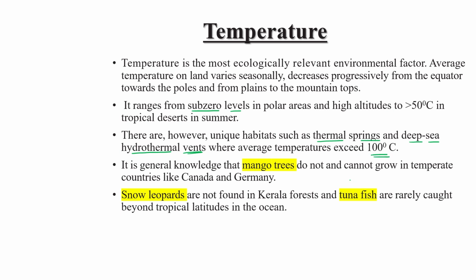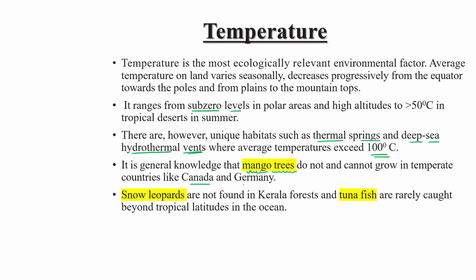Okay, it is generally known that the mango tree is a very good example. Mango trees are only able to grow in tropical areas like India, because for their flowering and fruiting purpose, that particular plant requires a specific temperature. Okay, we cannot see mango growing in certain cold countries like Canada or Germany.